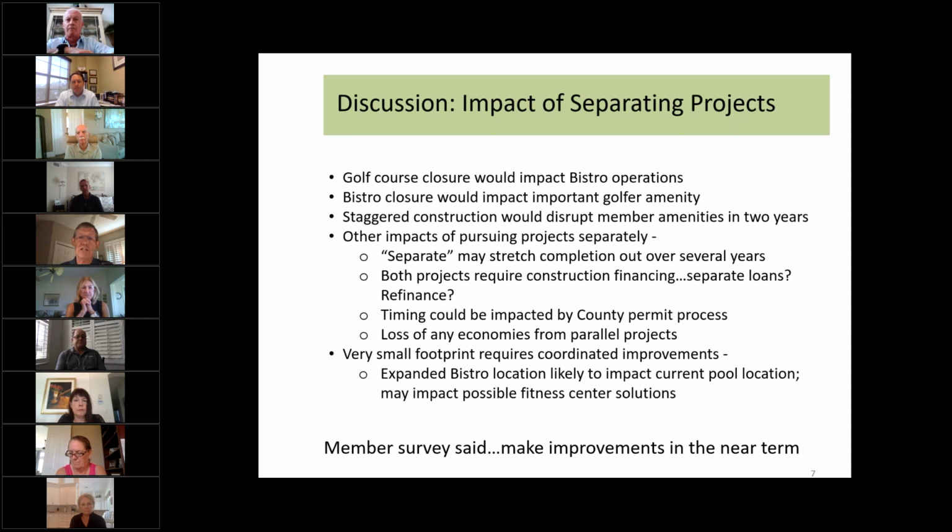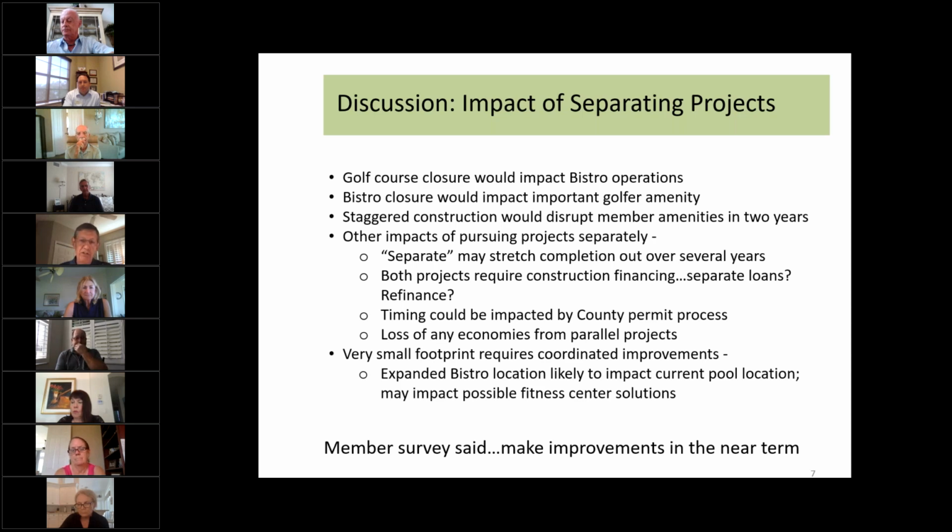But if we ran into issues with that, it means that if we did the golf course first, we couldn't put in the permit for the bistro until the golf course permit was closed, and then we'd have to start the process over again with the bistro. So there are complexities there. Another impact of staggering the 2 projects is that any economies we might get by having both projects working at the same time, we lose those.